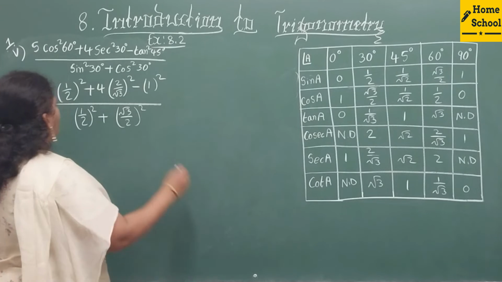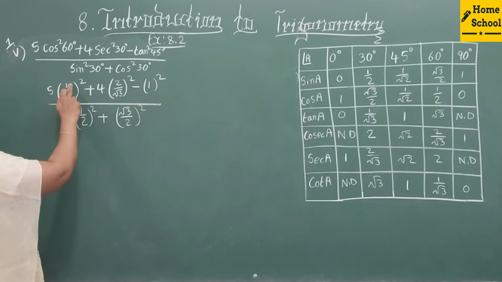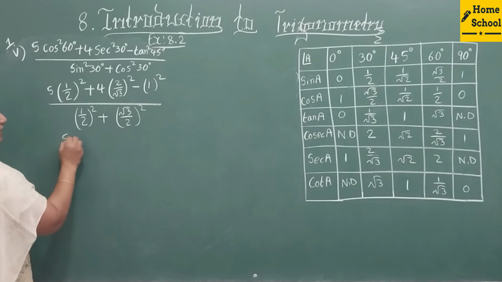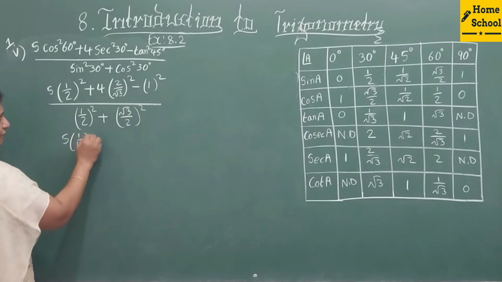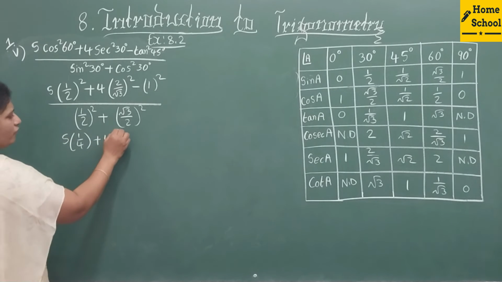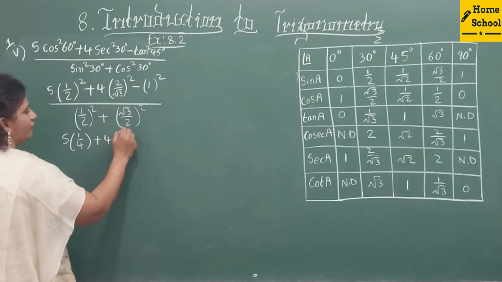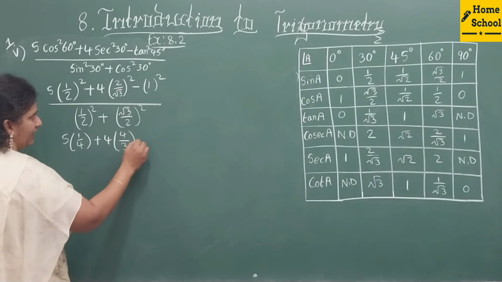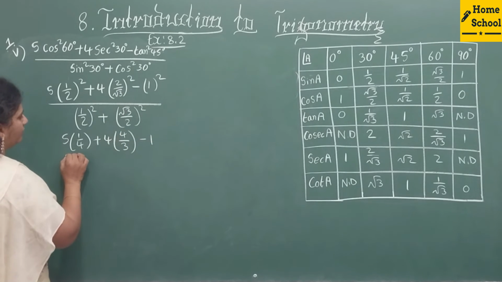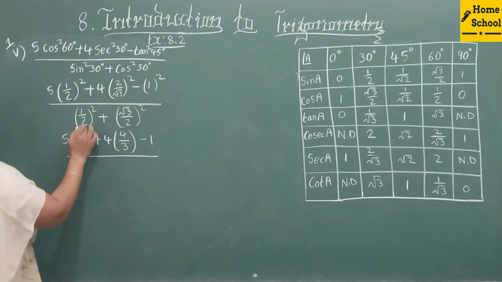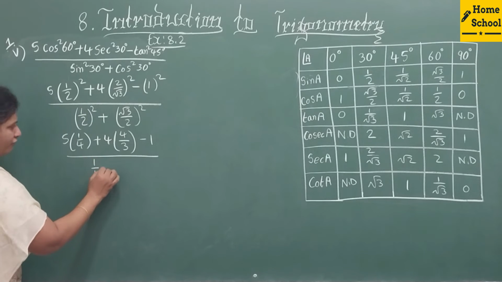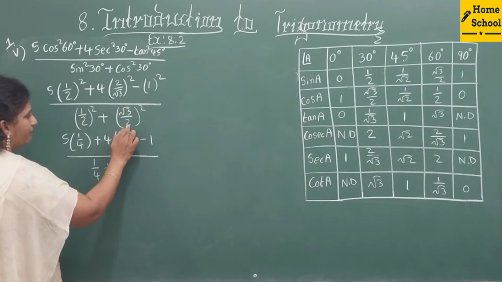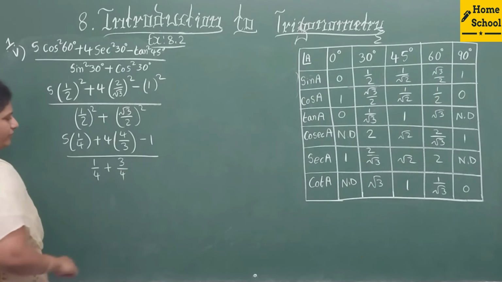Okay. Now 1 by 2 whole square means 1 ones are 1, 2 twos are 4. So 5 into 1 by 4 plus 4 into 2 twos are 4 by root 3 into root 3 is 3 minus 1, divided by 1 by 2 whole square is 1 by 4 plus root 3 into root 3 is 3 by 2 twos are 4.